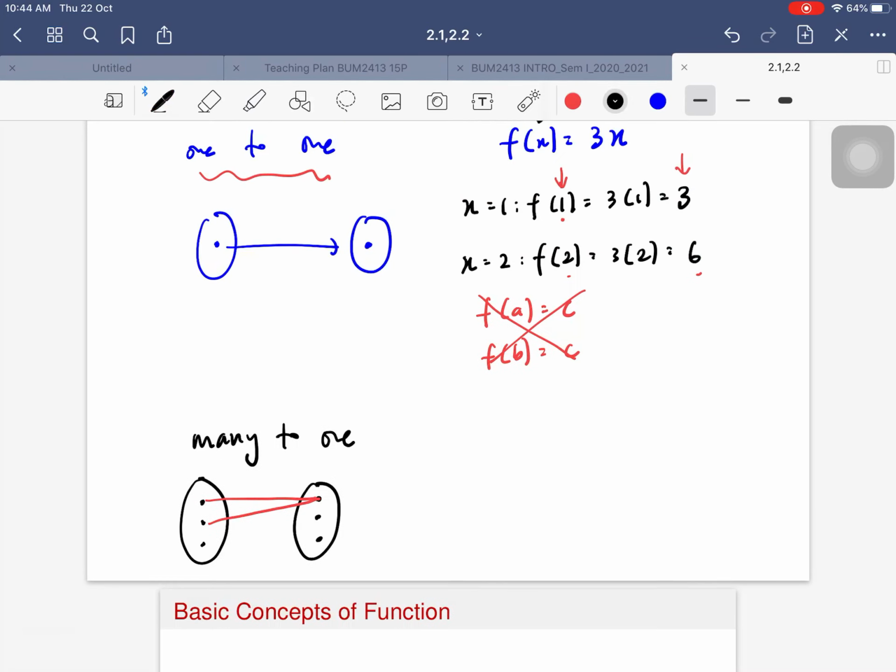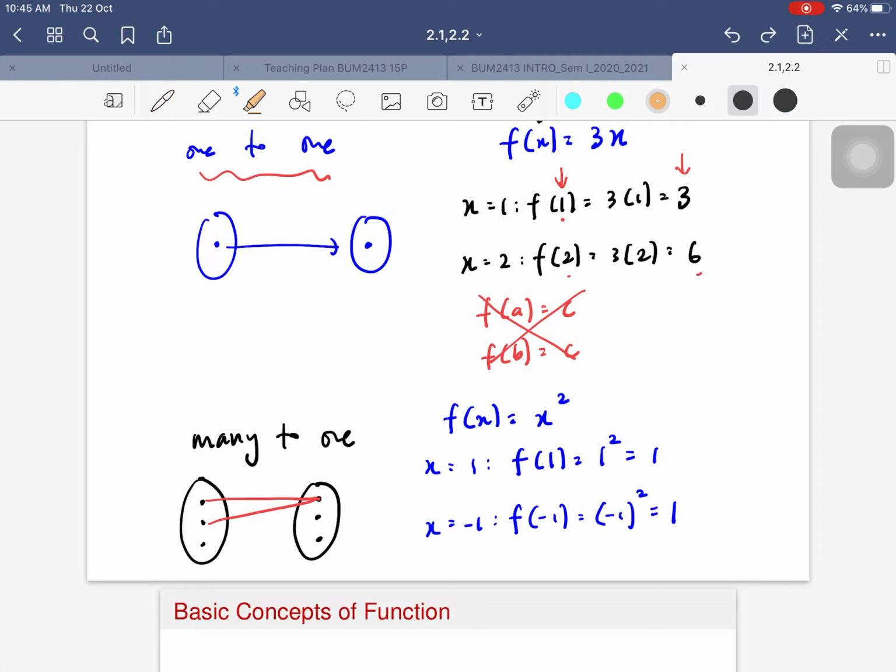The easiest example is the function f(x) = x squared. If I have x = 1, I will get f(1) = 1 squared, which is going to equal 1. But if I have x = negative 1, I will get f(-1) = (-1) squared, and it's still going to equal 1.